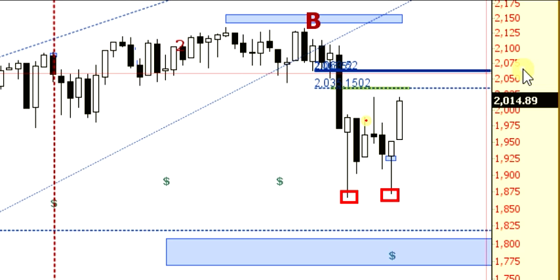Now, you can't be too certain. You always have to think in terms of probability. That always exists in the market because on any one day there's no telling which way it's going to go. It can go up and go down.